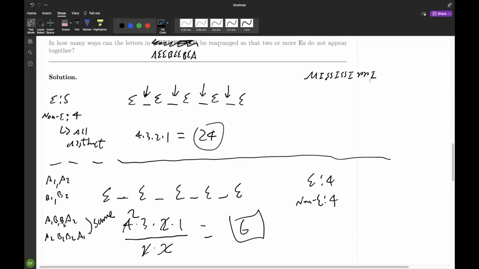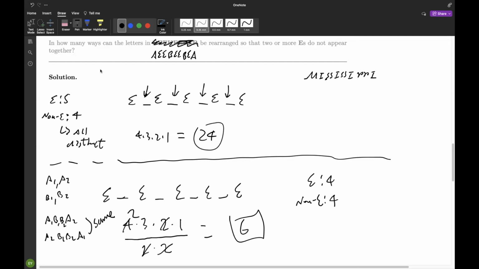The total number I'm referring to right now is where M, I, S, and P are all distinguishable. So they're not indistinguishable. It is actually the same idea from this problem.